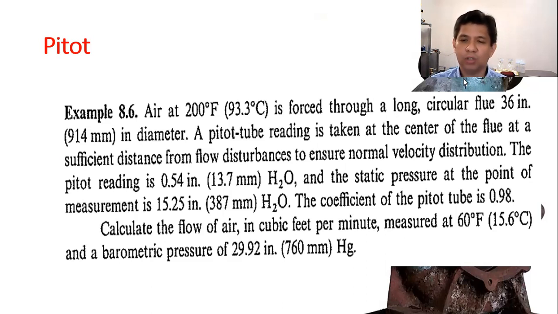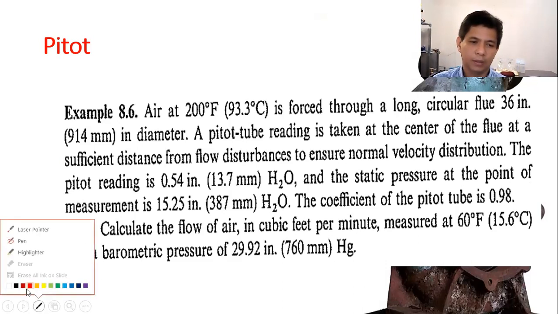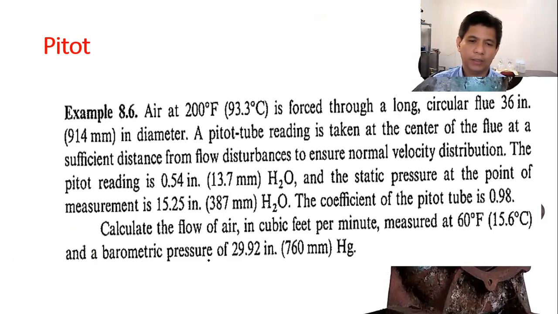Ang tawag dito sa condition na to, yung 60 degrees Fahrenheit tapos 1 atmosphere, ang tawag diyan SATP. So ibig sabihin ng SATP, standard ambient temperature pressure, no? This is your SATP, itong 60 degrees Fahrenheit tapos 1 atmosphere. This is SATP.